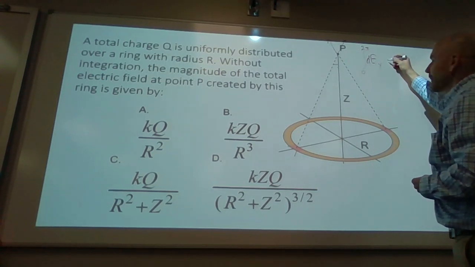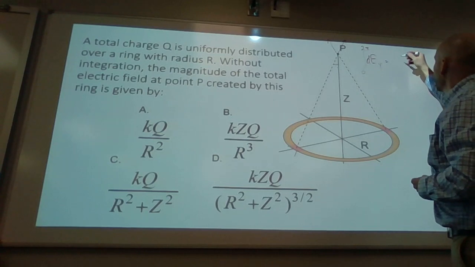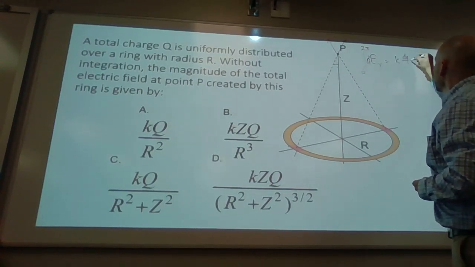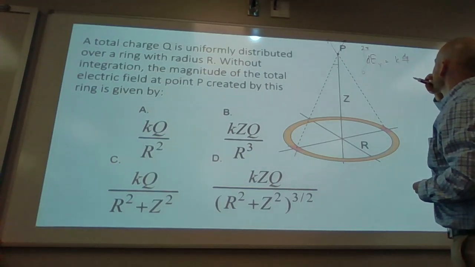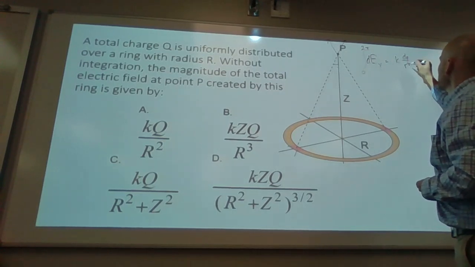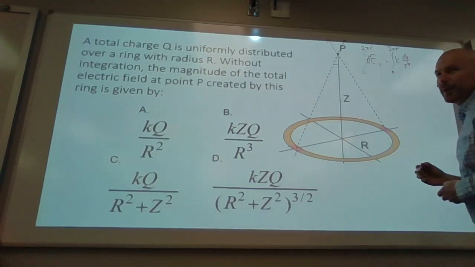Okay. Does everybody see what I'm doing? So I've got k dq. Maybe 2 pi r.